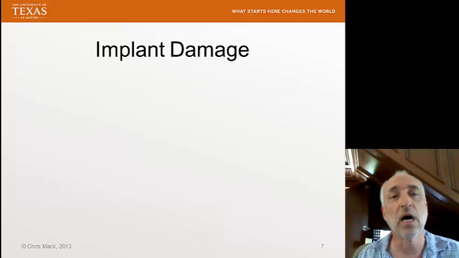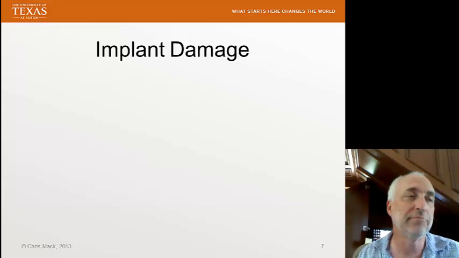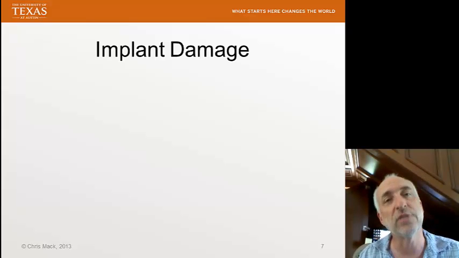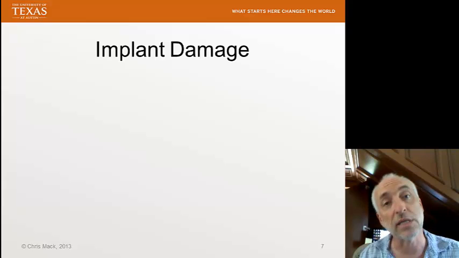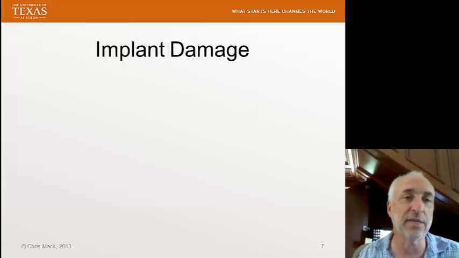Another issue that we've talked about before is implant damage. We talked last time about Monte Carlo simulators that simulate the trajectory and the position of the ion when it stops. These same simulators can be made to predict the damage done by ion implantation as well.